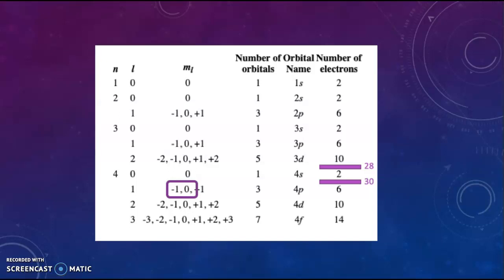You might remember we talked about excited states where an electron absorbs a photon and it jumps up to a higher level, which means there's an empty shell. We wouldn't have the maximum number of electrons. But here we're just going to assume that the electrons were all lazy and did the least amount of work possible, so we have at most 34 electrons that can fit in an atom with the quantum numbers 4, 1, and 0.